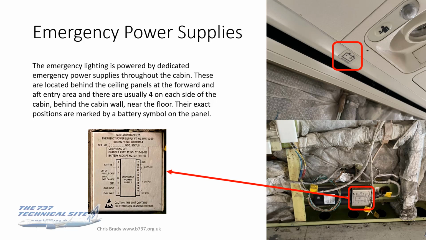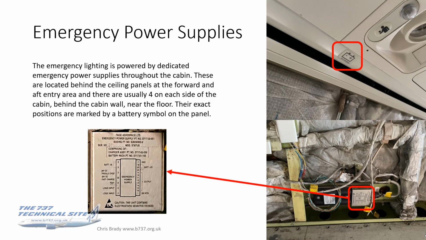The emergency lighting, so all of it, is powered by dedicated emergency power supplies throughout the cabin. These are located behind the ceiling panels at the forward and aft entry area, and also usually about 4, I think on the 900s and longer body aircraft there might be 5 on each side of the cabin, behind the cabin wall near the floor, and the photo there is shown one at the floor.